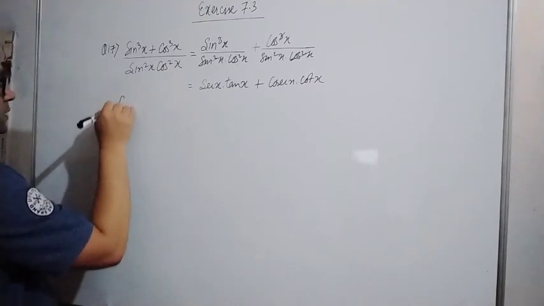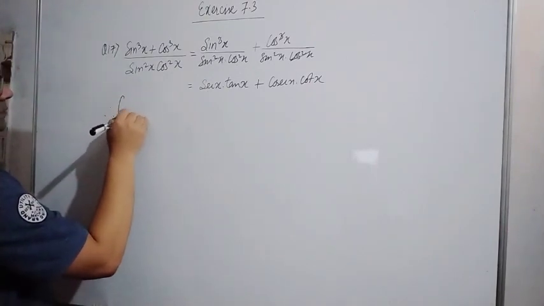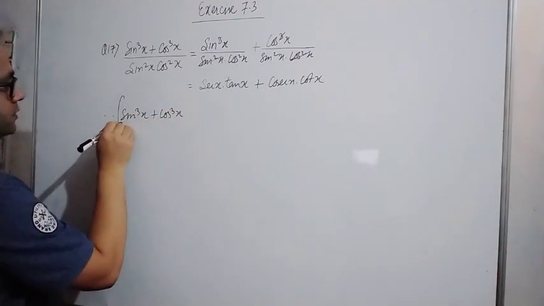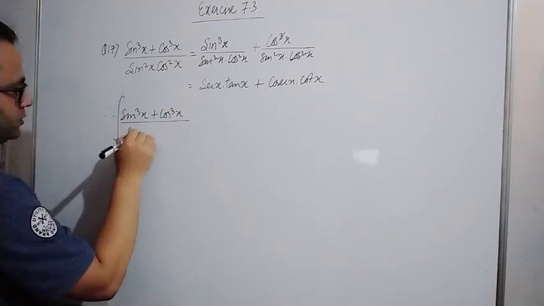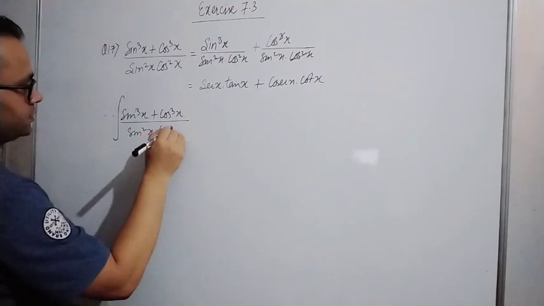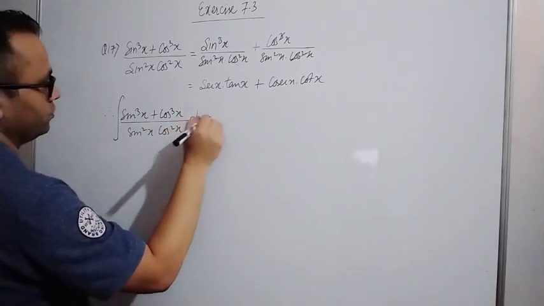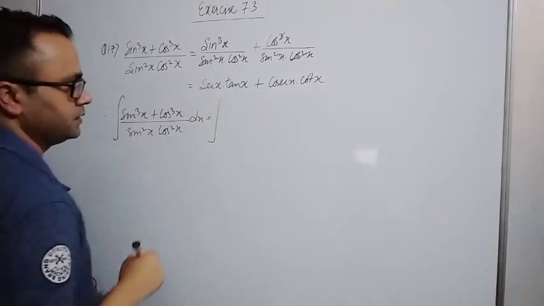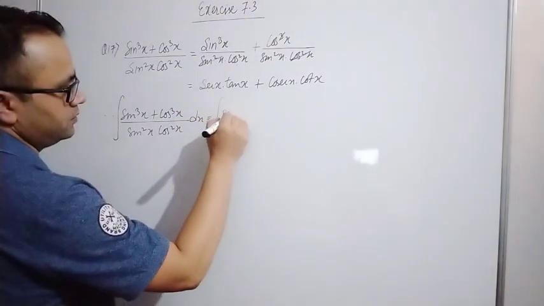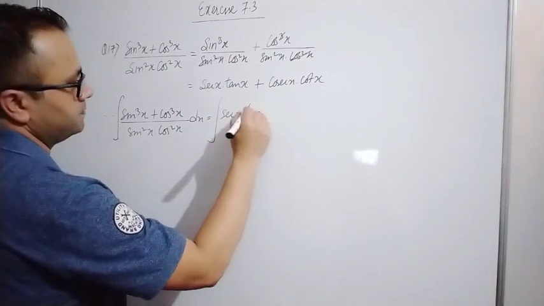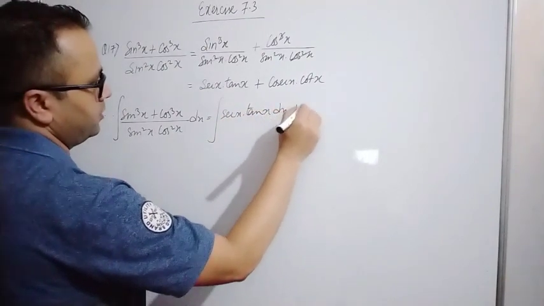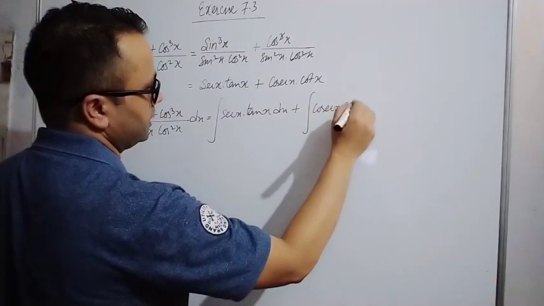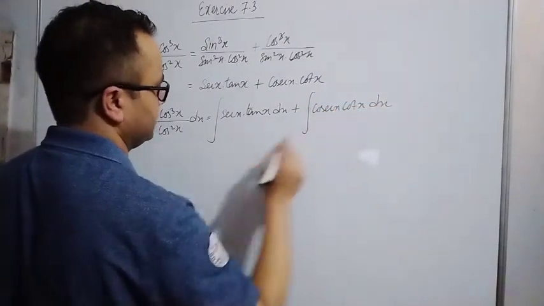Therefore, integration of sin cube x plus cos cube x divided by sin square x cos square x dx equals, now integrate it: integration of sec x tan x dx plus integration of cosec x cot x dx.